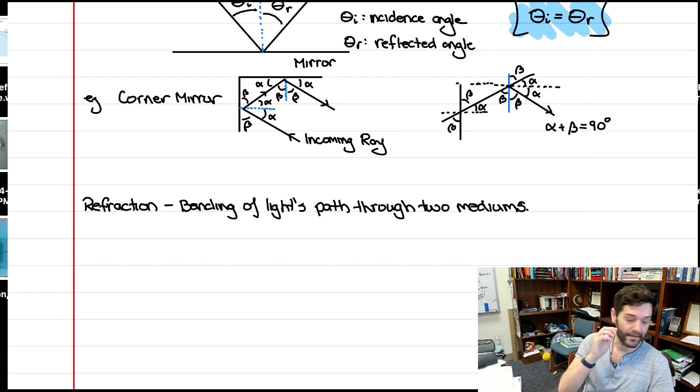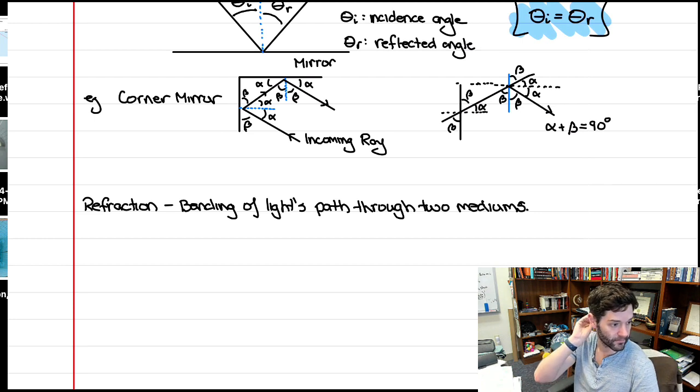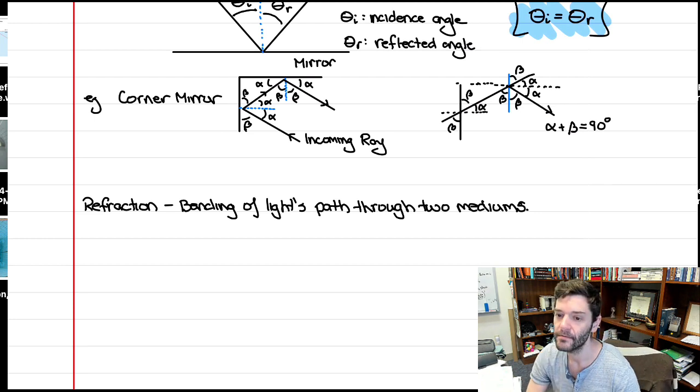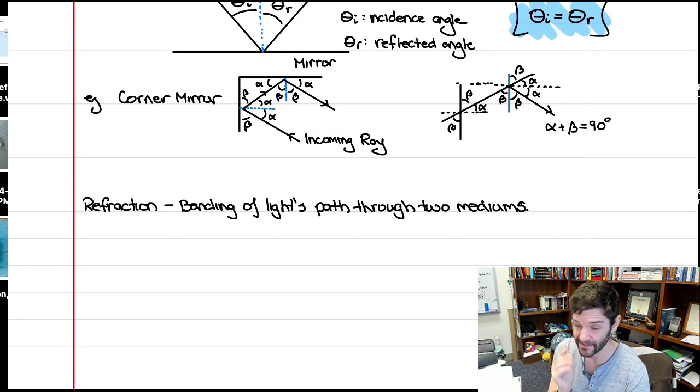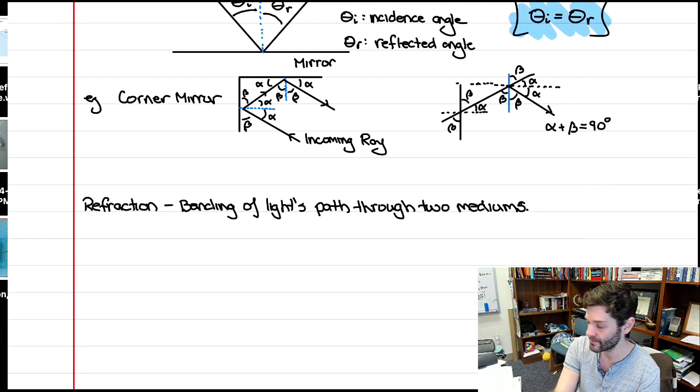I.e., the path that light takes when it goes from air to water, or from water to air, or from space to our atmosphere, these sorts of things. The light path appears to bend. The path of the light appears to change, right? And so the light beam appears bent. And this is why, for example, a pencil stuck in water appears like the pencil is bent.